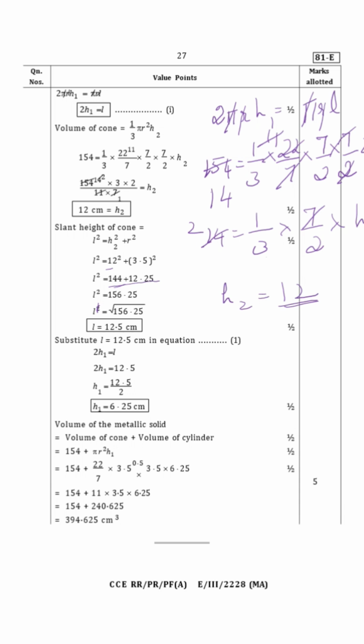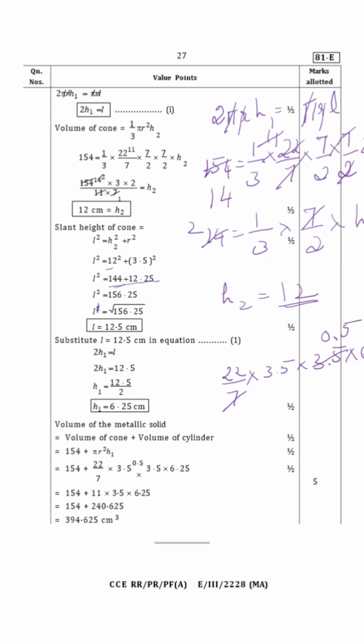Pi is 22 by 7, radius is 3.5 square, h1 we have just calculated, 6.25.